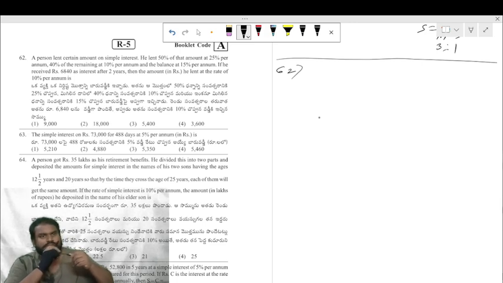A person lent a certain amount at simple interest.